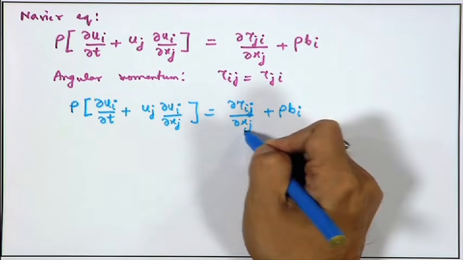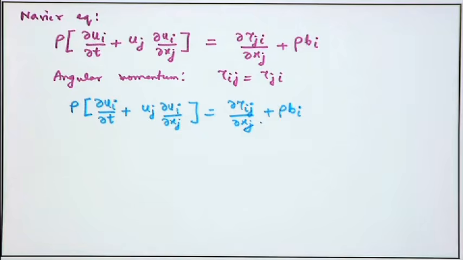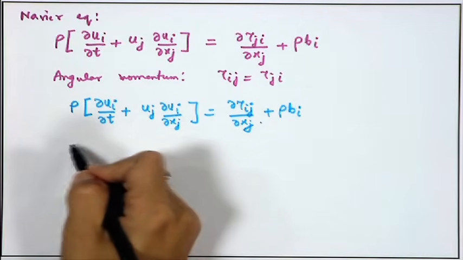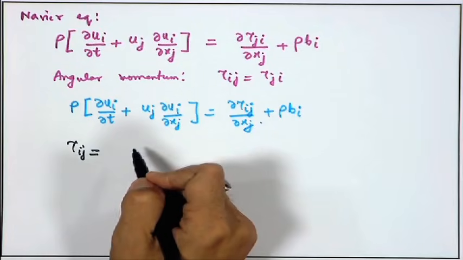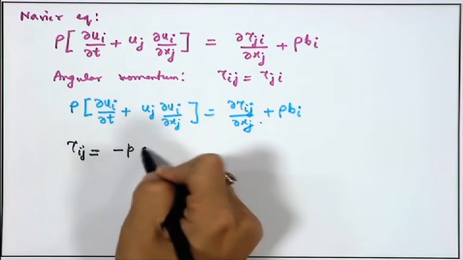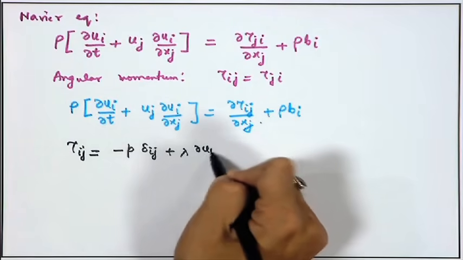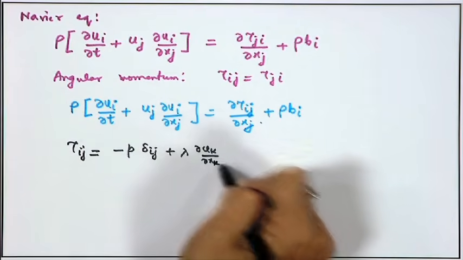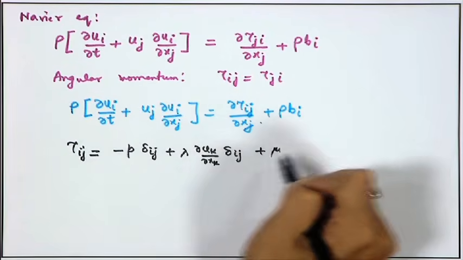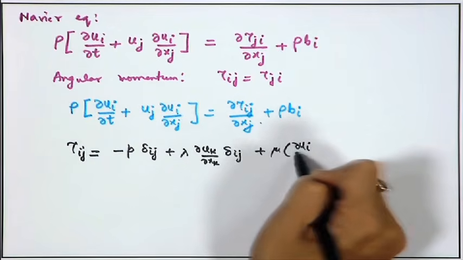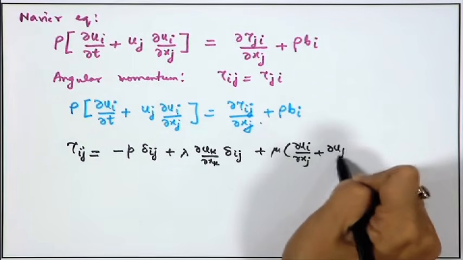Then we will use the expression for tau ij here: minus p delta ij plus lambda del u k del x k delta ij plus mu del u i del x j plus del u j del x i.